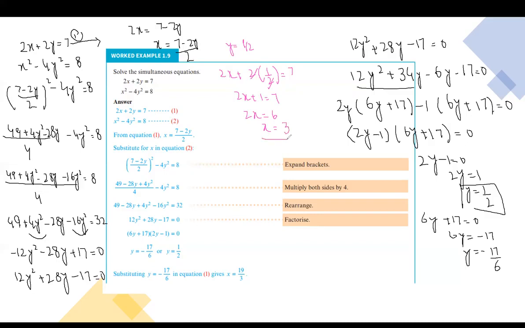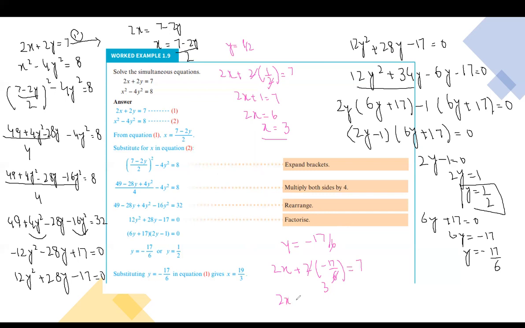Okay. And in the second equation, putting the value of y equals minus 17 by 6. So it's 2x plus 2 into minus 17 by 6 equals 7. This must be 3.